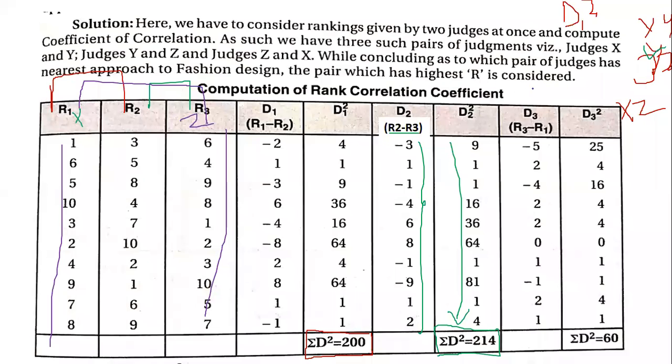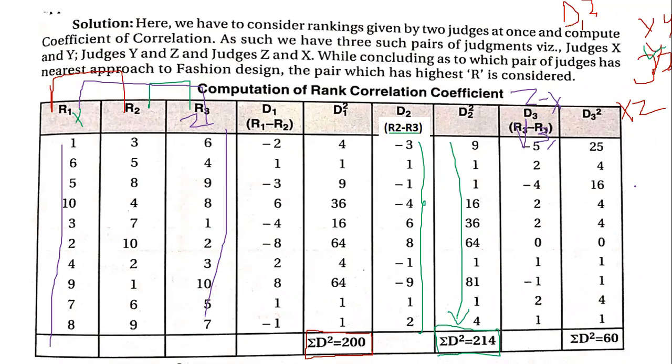Oh, wait, it's not R3 minus R1, it's R1 minus R3 only. See, 1 minus 6 is minus 5.